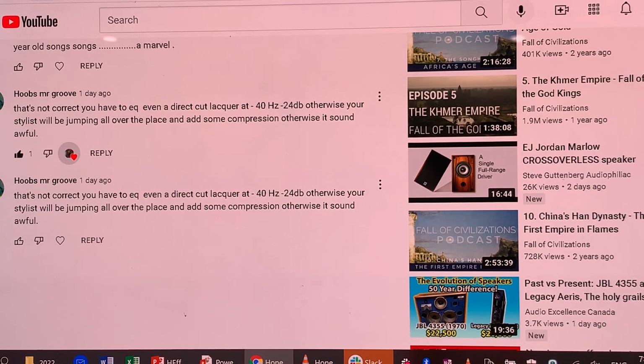The quality of consumer gear in the 70s and 80s was insufficient to read high levels of material below 40 Hz. Yes, that's correct. But today, even the lowest grade of acceptable cartridges, even the cheapest grade O cartridge, I never heard it mistrack bass notes that are low in frequency, like 30 Hertz or below.